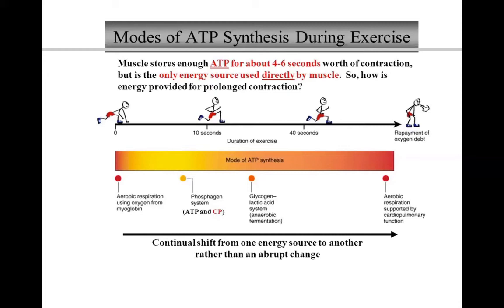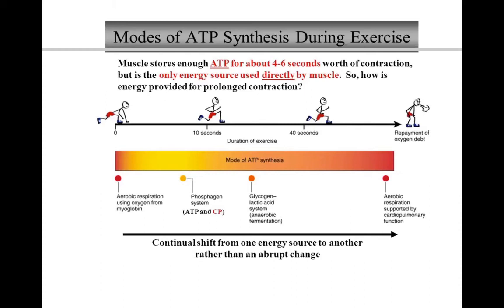As a result, it produces more ATP molecules. It produces 30 to 32 molecules of ATP per glucose molecule, and this is effective to keep the next phase of exercise going.